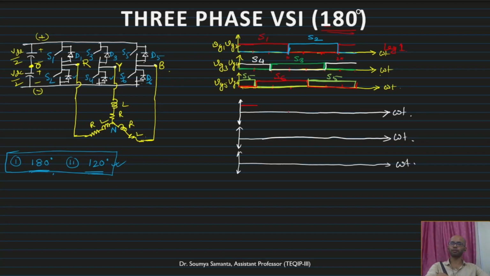Up to which point? Suppose this is 180 degree. Let me extend this part. This is 180. This is 360 degree. Let me mark there. Another 60 degree I have taken here.